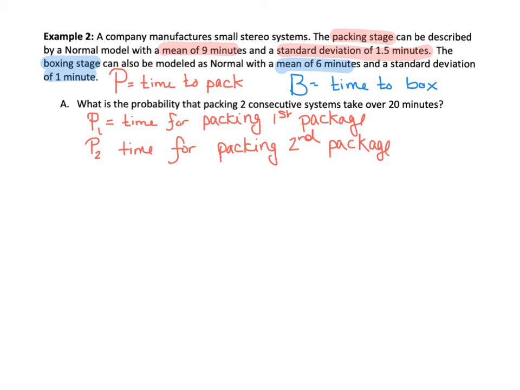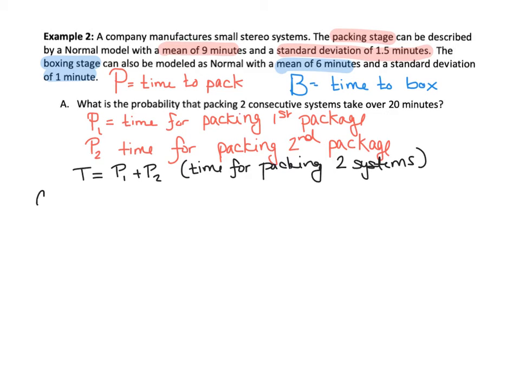And I'm going to say P sub 2 is the time for packing the second package or stereo. Okay. And I realize I'm going to be packing 2 consecutive ones, so I'm going to be adding these together. So rather than repeatedly writing P1 plus P2, I'm going to define a third variable, and I'm going to say T is equal to P1 plus P2.